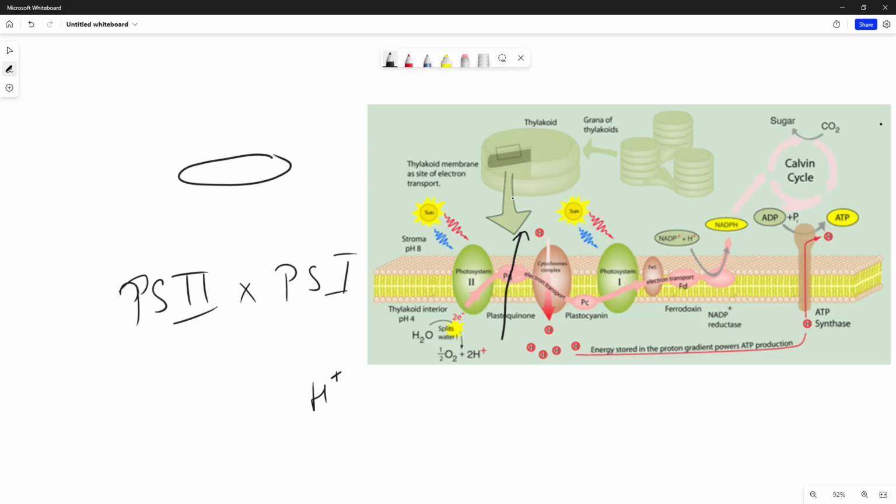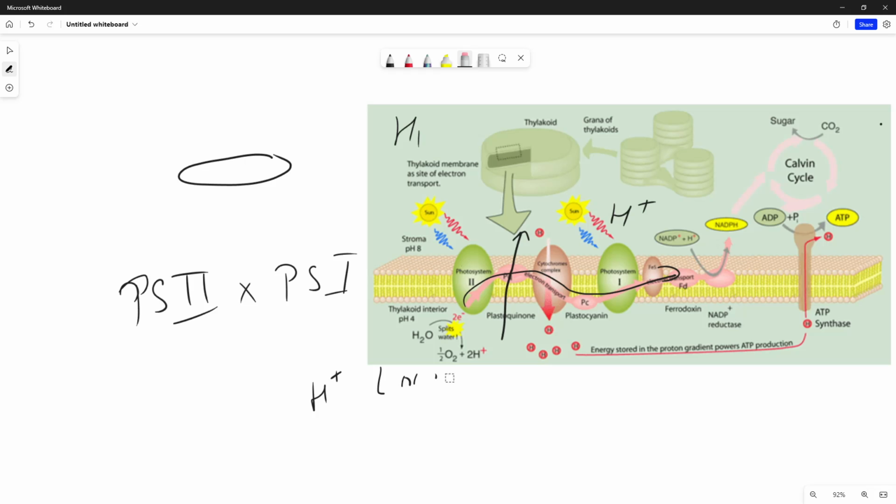This is the thylakoid membrane, so they're being pumped across the thylakoid membrane, establishing an H plus ion concentration here. Over time, while the electron goes through the electron transport chain, the hydrogen is establishing a concentration gradient where this is high and this is low.